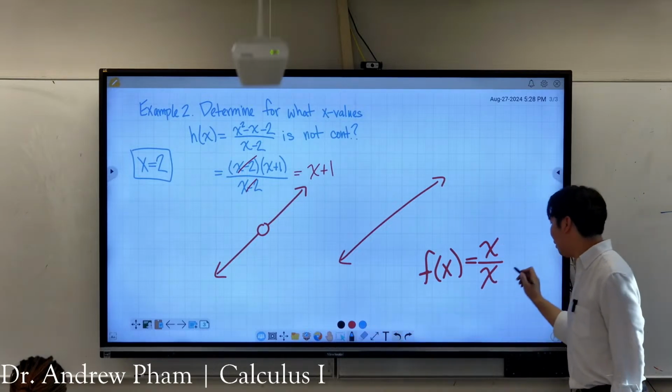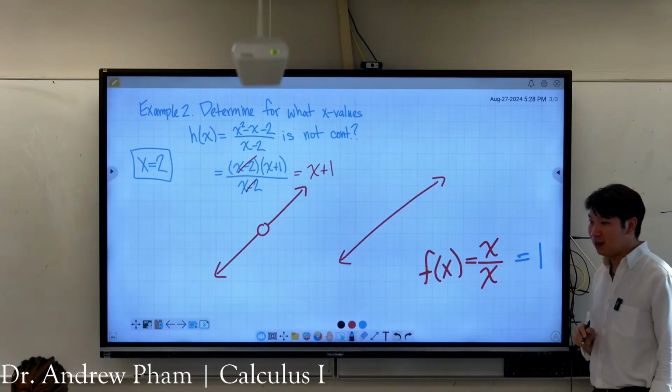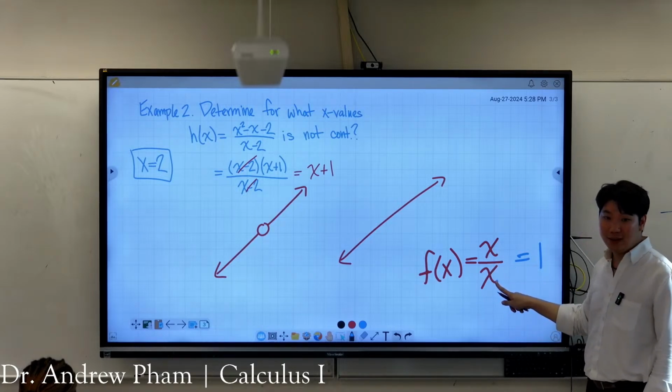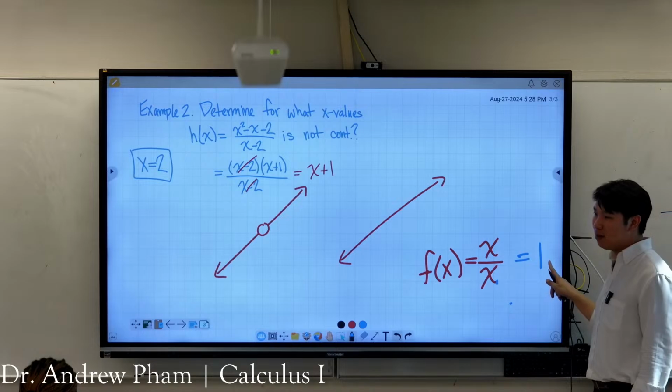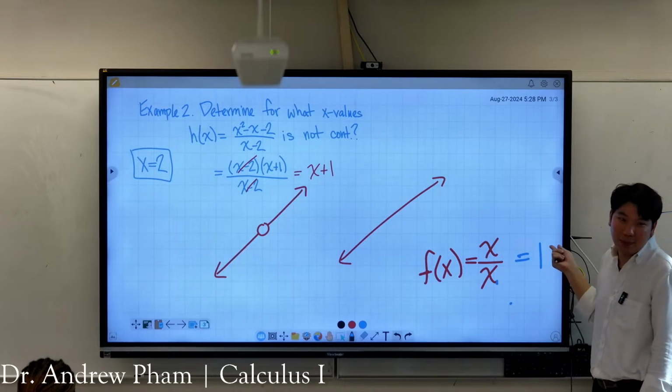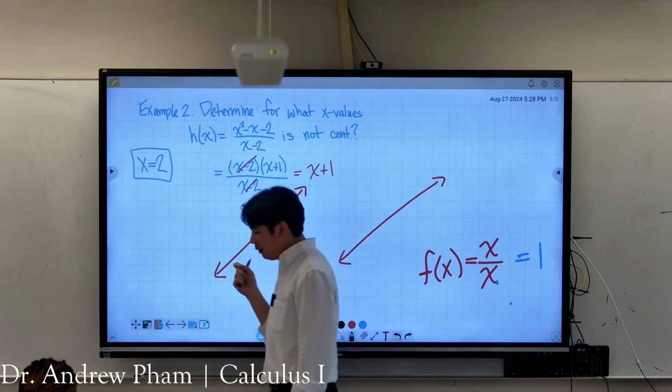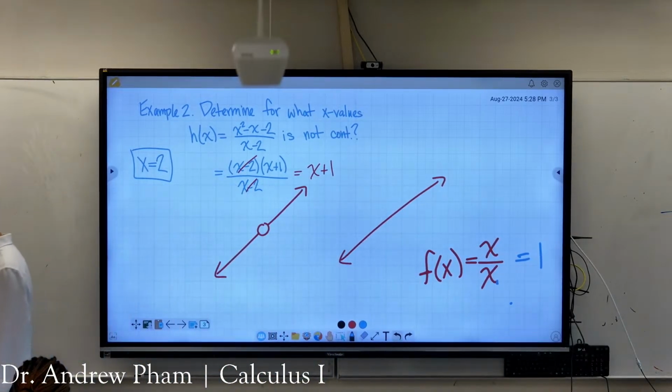We're used to writing, all right, this is equal to 1. But we run into the same problem. Can I plug 0 into here? No. Can I plug 0 into here? Technically, yes, but there's nothing to plug in. So this is our little minute difference between the two, which is why I say keep it as its original form.